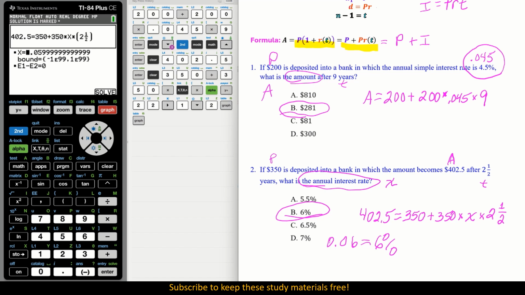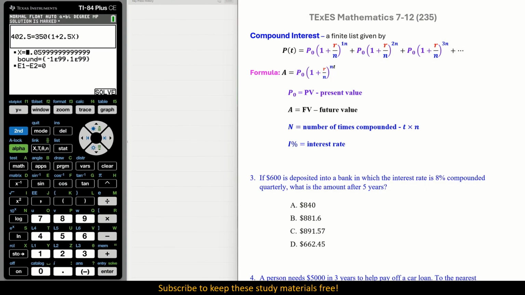Okay, let's move to number 3. Quick note before we move on. You can see here that I have number 2, the prior question, entered in a different way using the other formula of simple interest. And notice it still rounds.